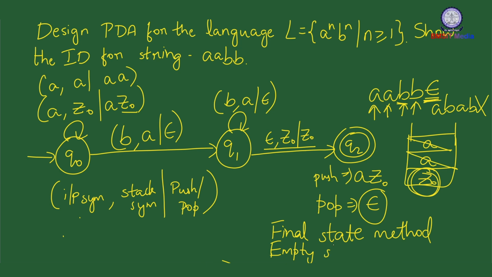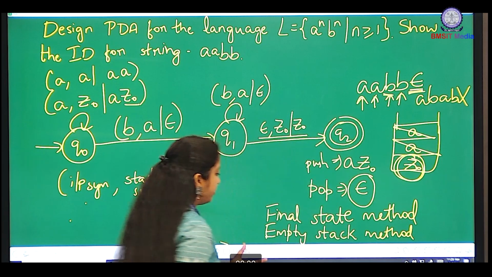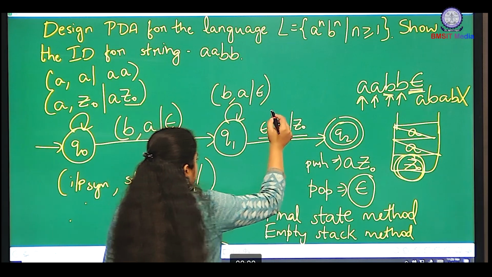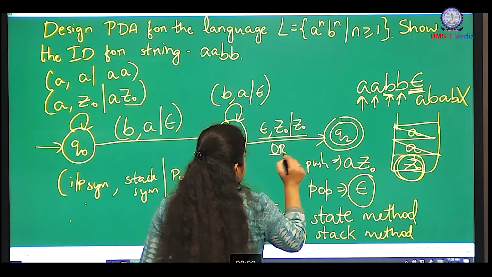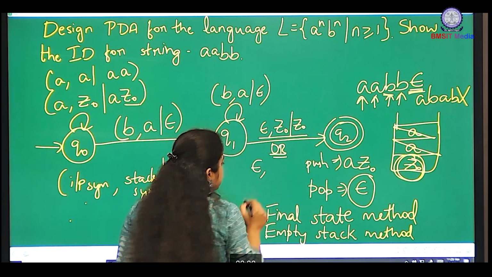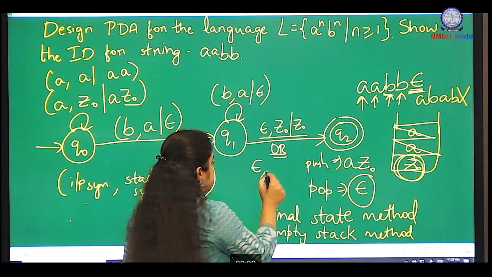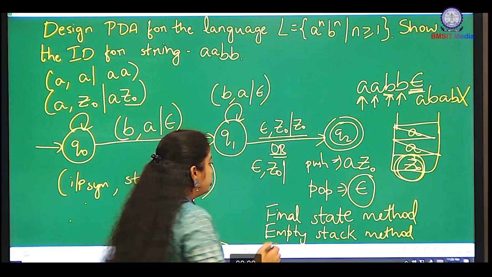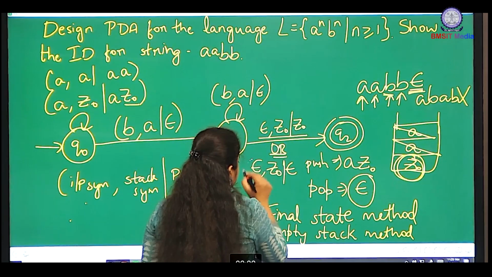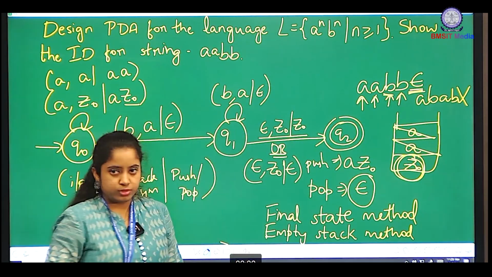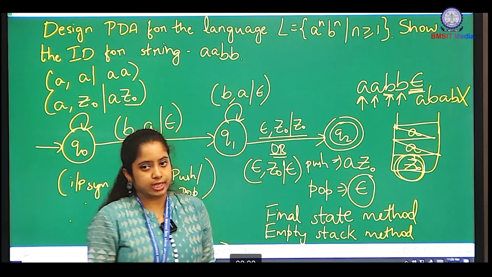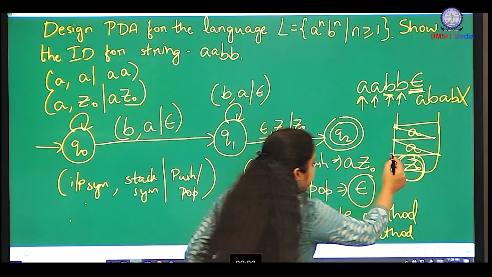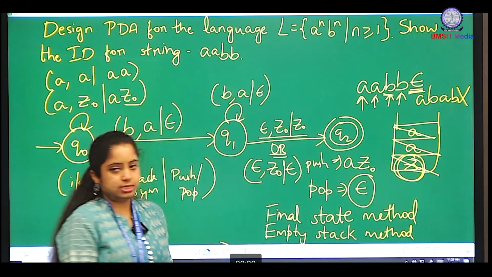For the empty stack method, there is one more representation, which says epsilon is the input symbol, Z naught is the top stack element, and you pop that bottom of the stack, which means you empty the stack by removing this element from the stack.